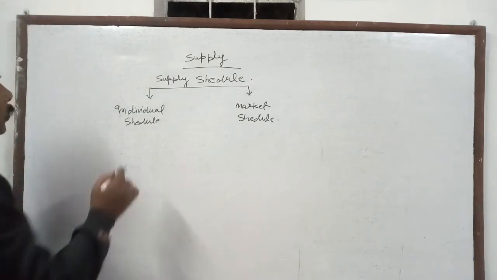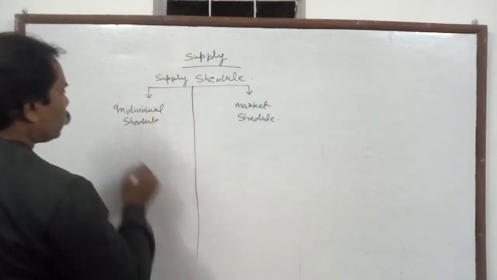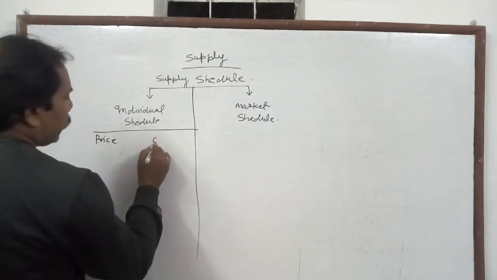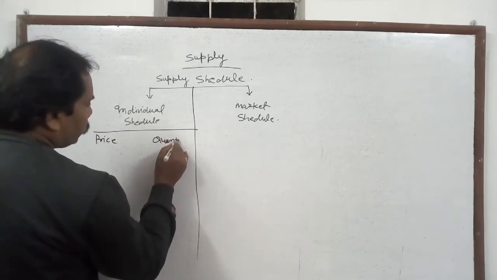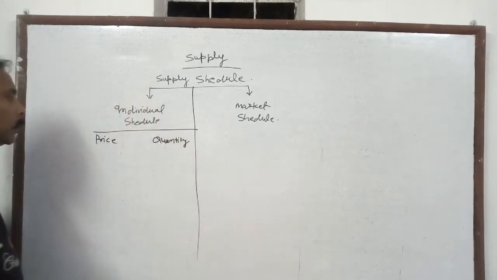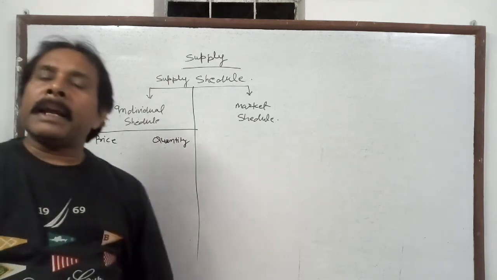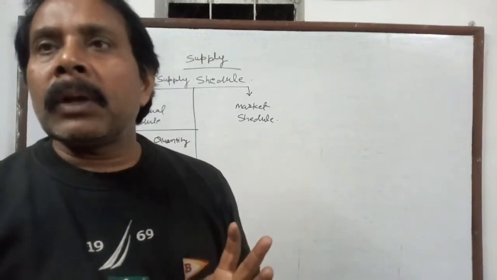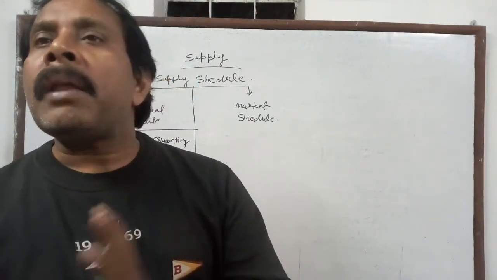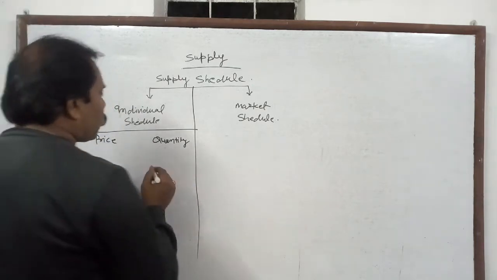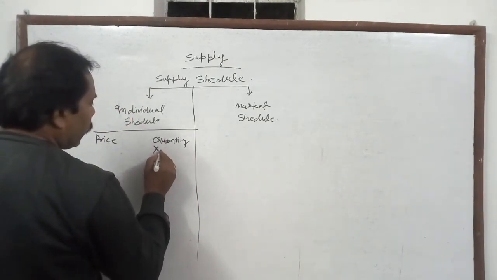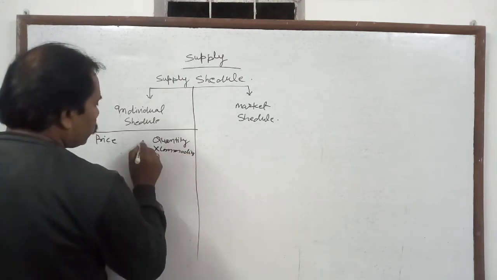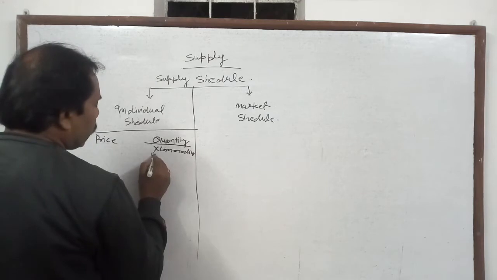So first I am going to discuss the individual schedule. Here the price is taken and here the quantity. Okay, so price and quantity both are given. Quantity supplied by a single firm, let us say of X commodity.